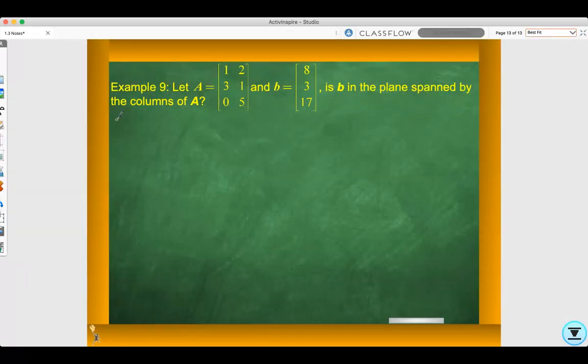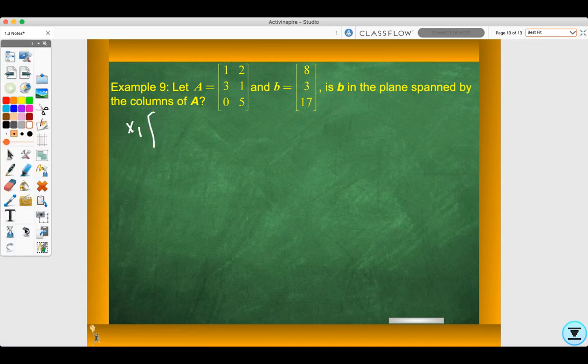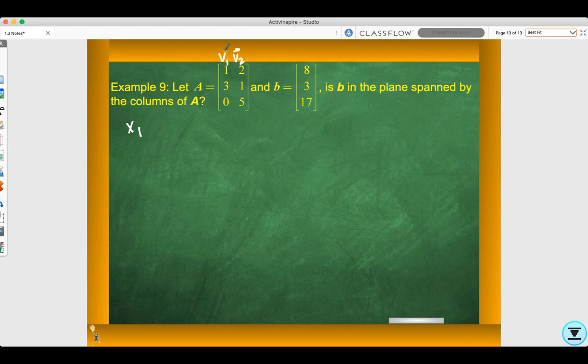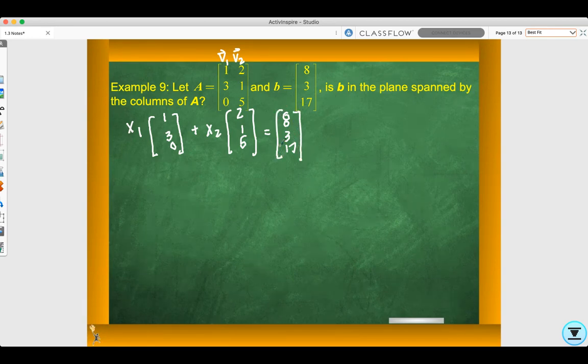So I know that I could rewrite this as x1 times (1, 3, 0), because this is like my v1, v2, plus x2 times v2, and that would equal (8, 3, 17). Then I would take my vector equation and write it as my augmented matrix, and I would go ahead and solve.